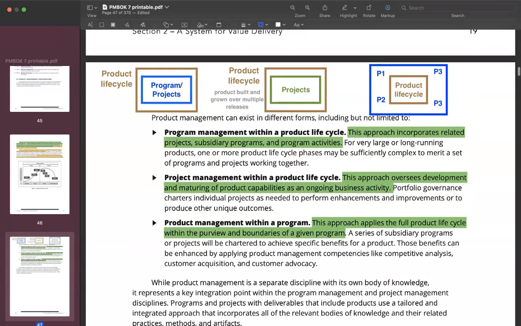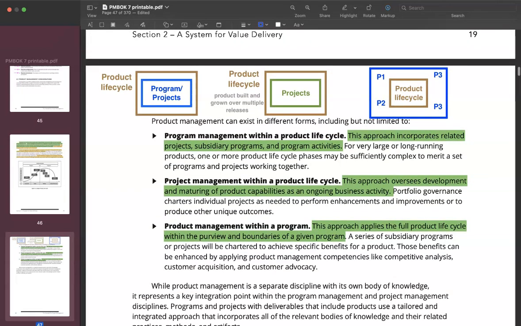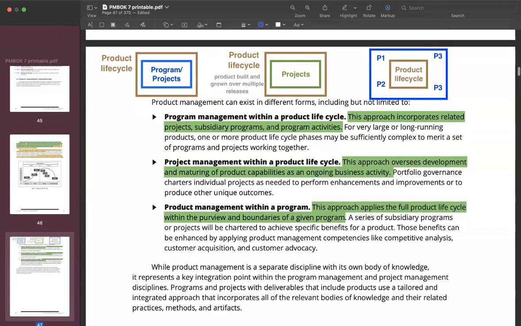And then finally, you can have multiple programs or projects, and the product lifecycle can live within those programs or projects. It says this approach applies the full product lifecycle within the purview and boundaries of a given program. One example could be, let's say you're creating a highway network in a large country, maybe a transnational highway connecting multiple parts of the country, a couple of thousands of kilometers.